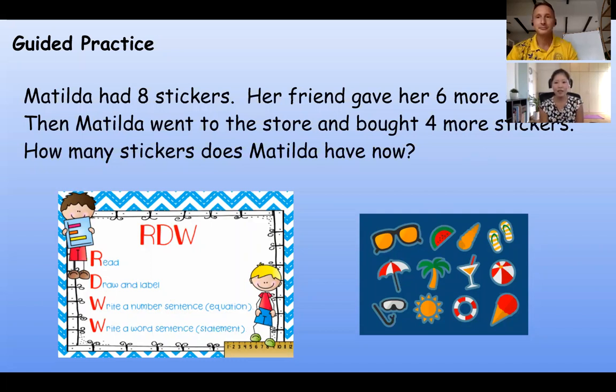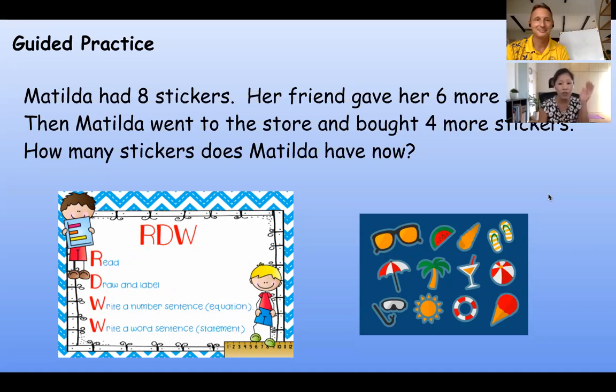All right, so the first word problem, and just a little heads up for today's lesson and for the next lesson as well, the word problem is going to be a little bit challenging because the word problem will have 2 steps. That means you're going to write 2 equations for every problem that you solve.